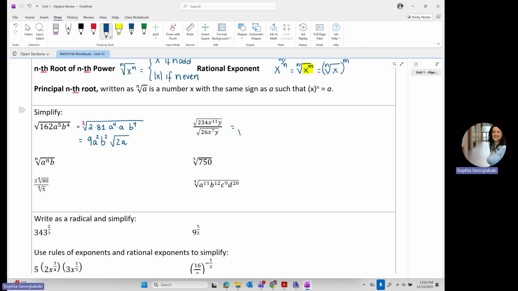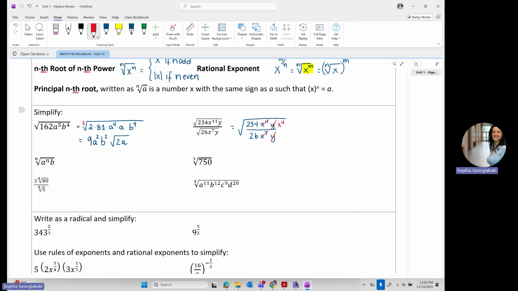For this expression, I'm going to put everything under the root, so I'm going to have 234, x to the 11th y in the numerator, in the denominator 26, x to the 7th y. I will simplify the y's. I will simplify 7 x's from both numerator and denominator.